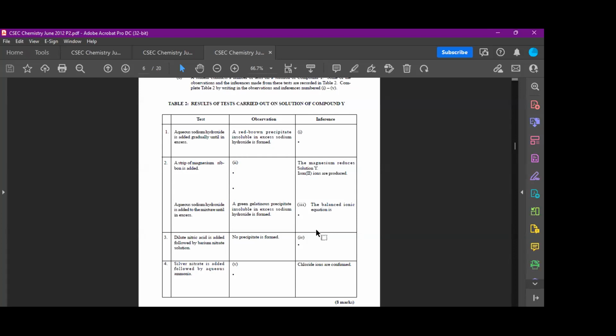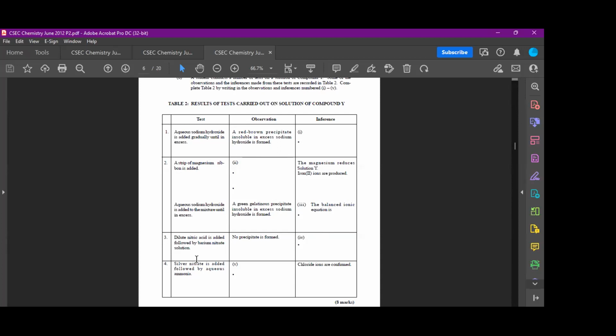For the anions, as compared to cations, the cations only use two substances, which will either be sodium hydroxide or ammonia. For the anions, these use specific substances, specific chemicals.